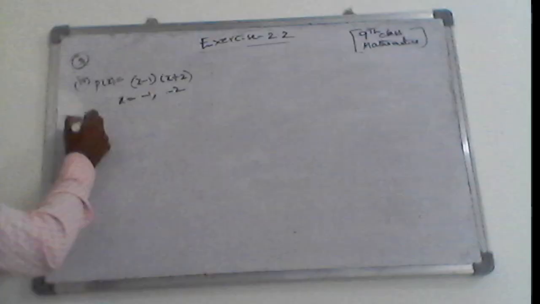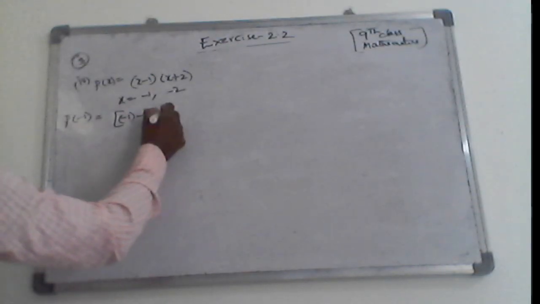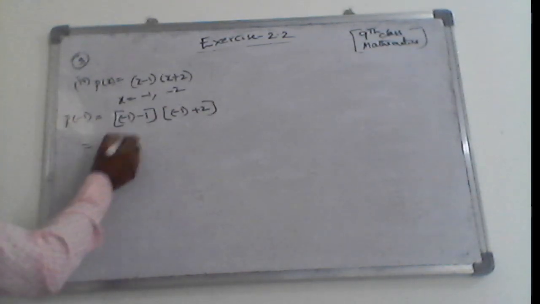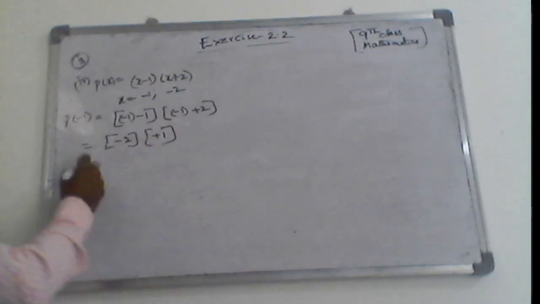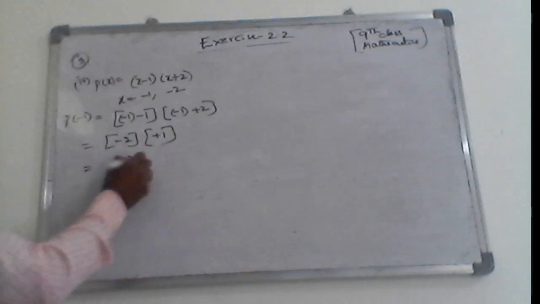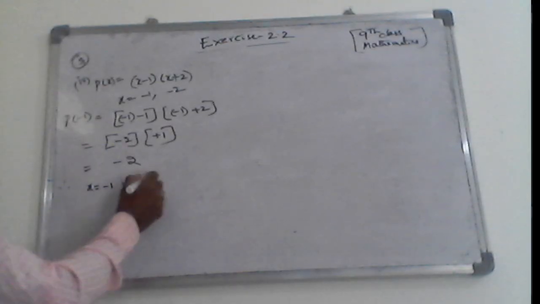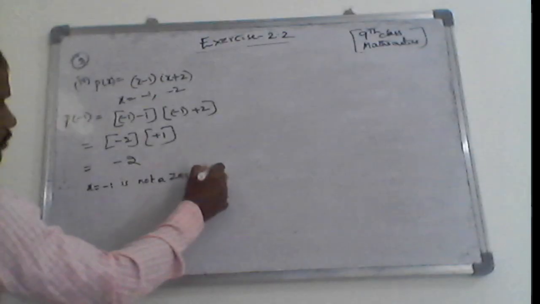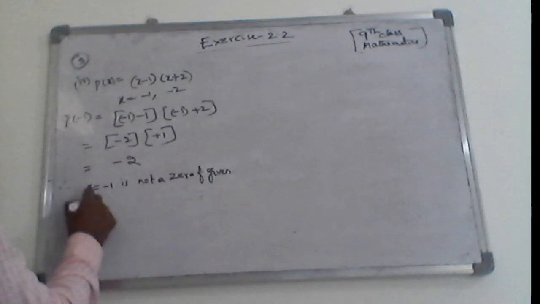So P of minus 1 equals (minus 1 minus 1)(minus 1 plus 2), which is minus 2 into 1, so minus 2. Therefore, x equal to minus 1 is not a zero of the given polynomial.